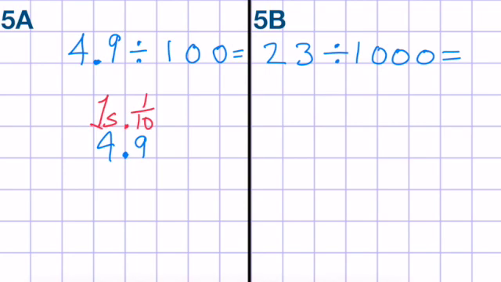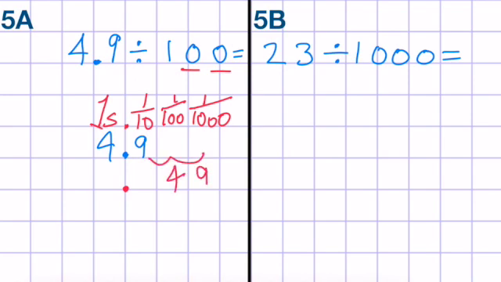Now 100, we have 2 zeros. The digits are going to move 2 places right because when we divide, the digits get small. The number gets smaller. So we're going to need the hundredths column and the thousands column. Our 9 is going to move from there to there.